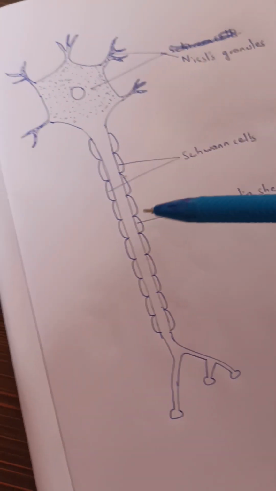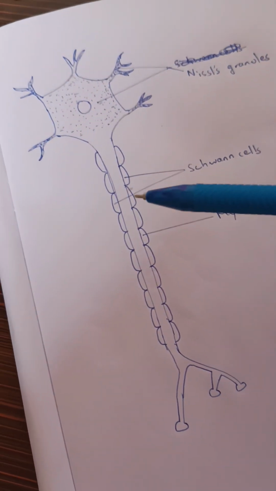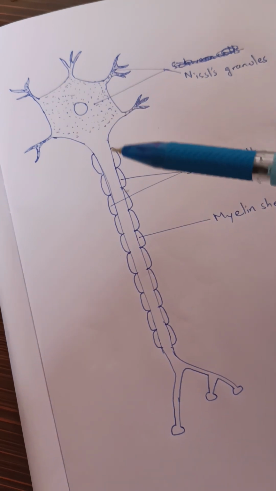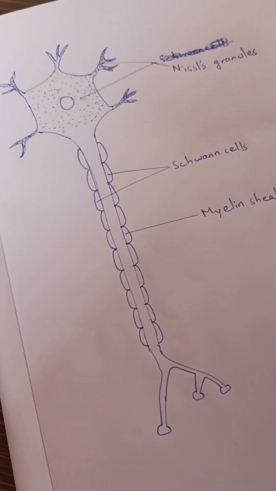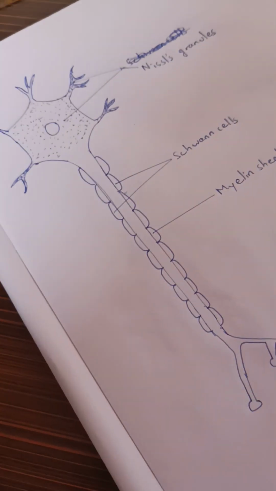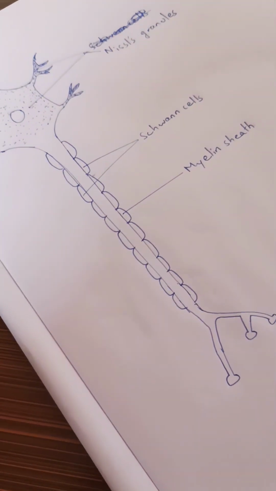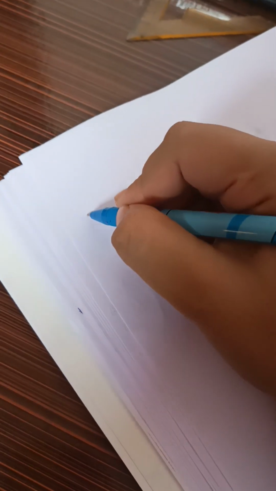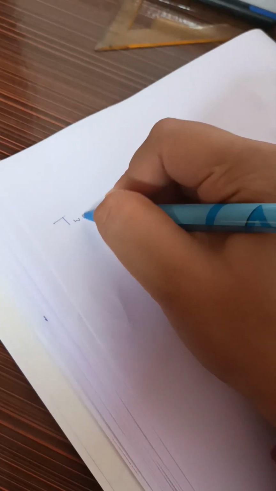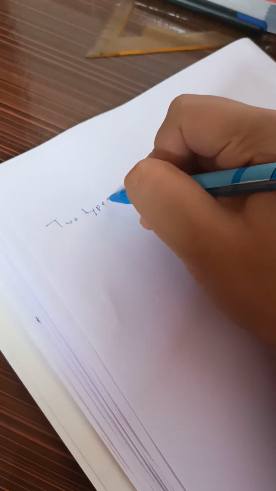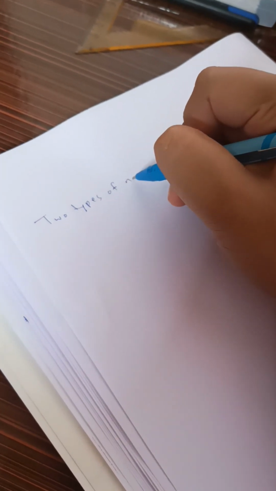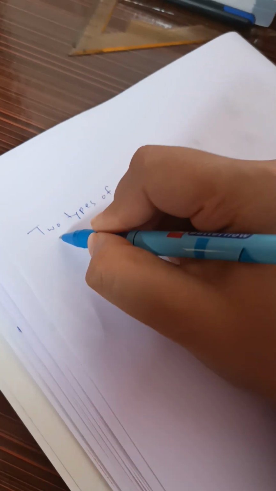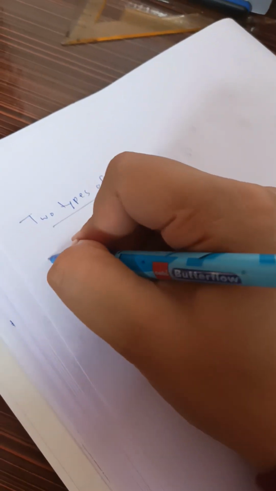Remember one thing, Schwann cells have myelin only in the myelinated nerve fiber. There are also unmyelinated nerve fibers. So we have two types of neuron.